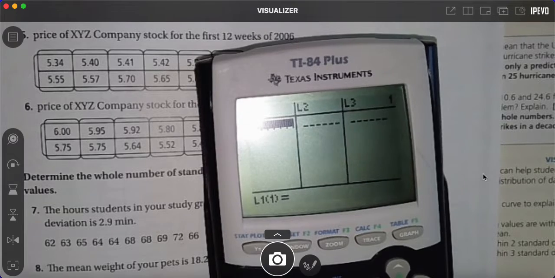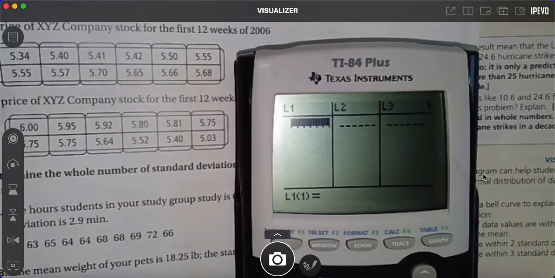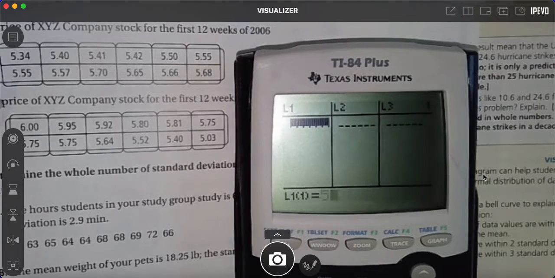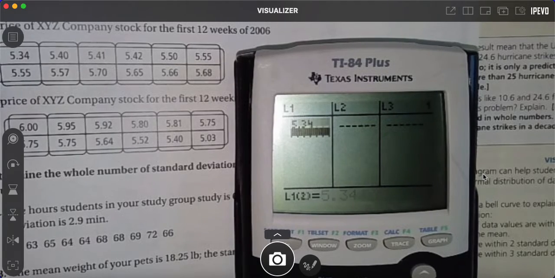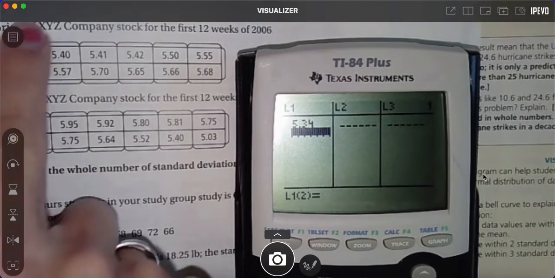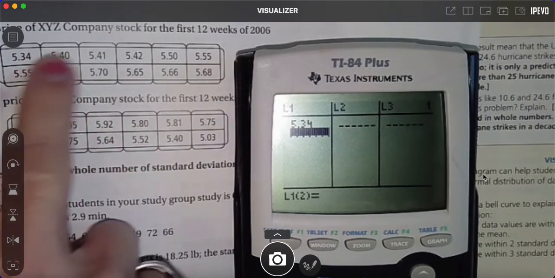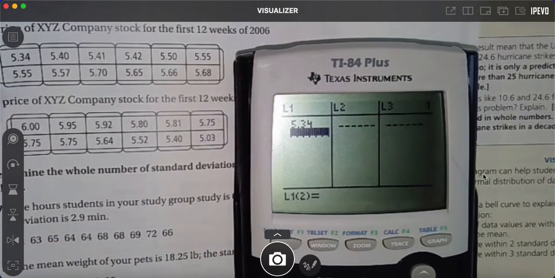Now I'm going to enter all these numbers from number 5 into list 1. It's just a list of data, and the order doesn't matter.